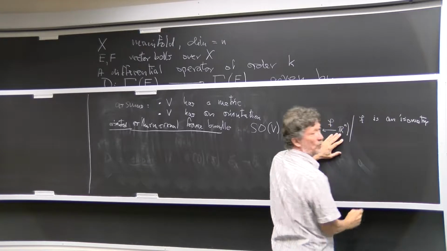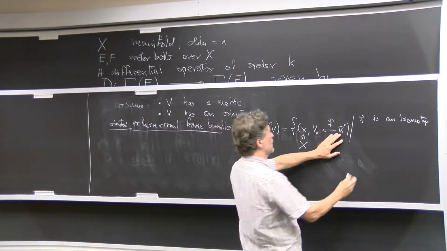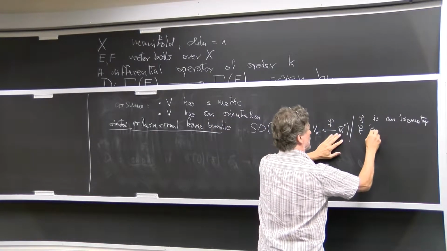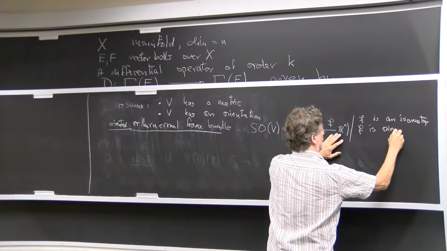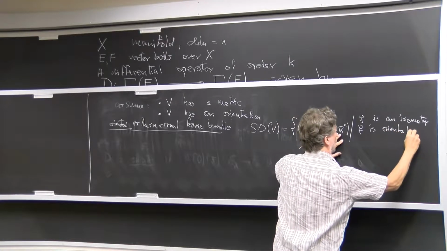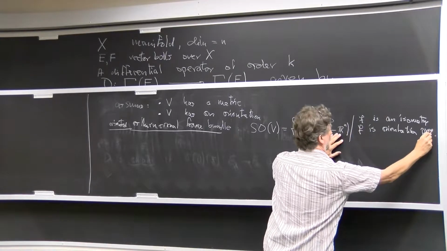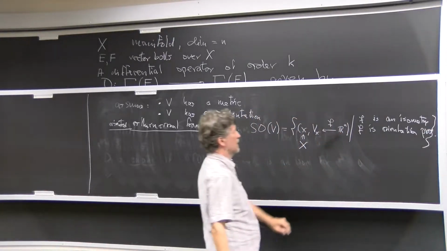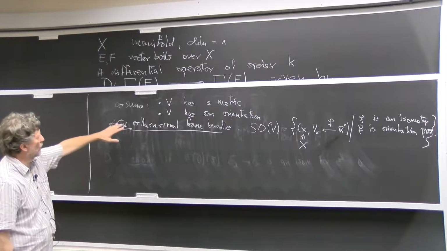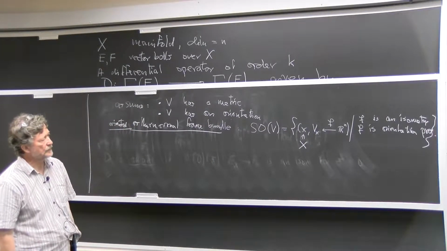So that's the orthonormal part of this. And I want to assume that F is orientation preserving. And this is it. So that's the oriented orthonormal frame bundle.